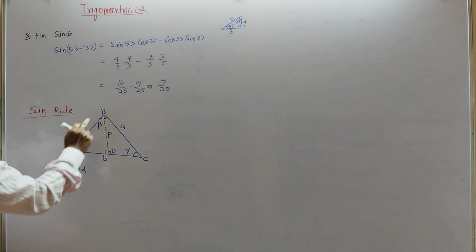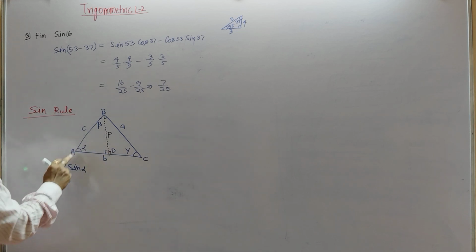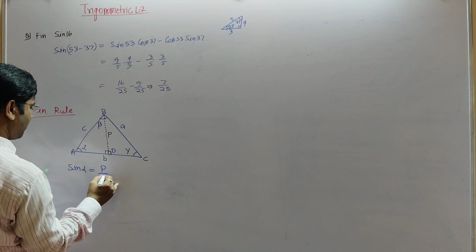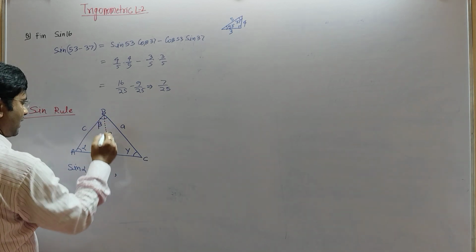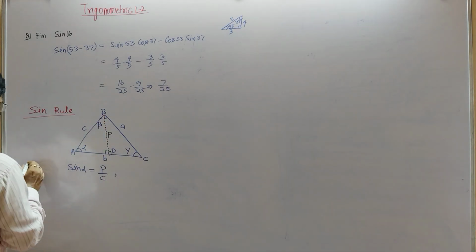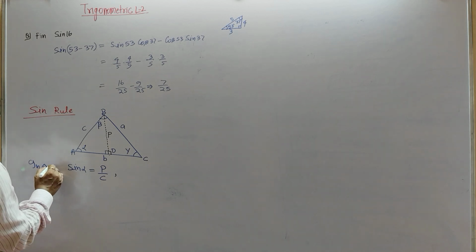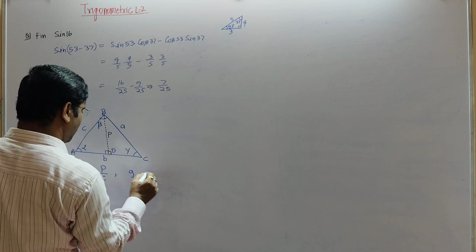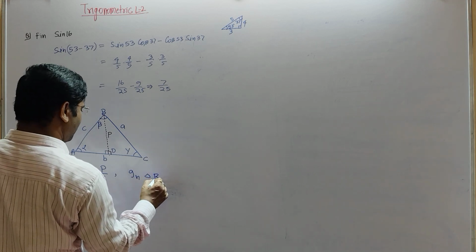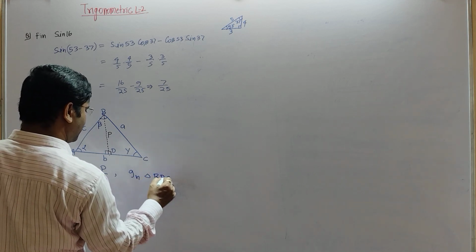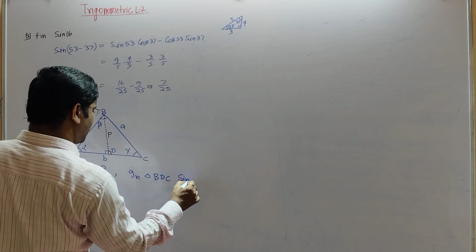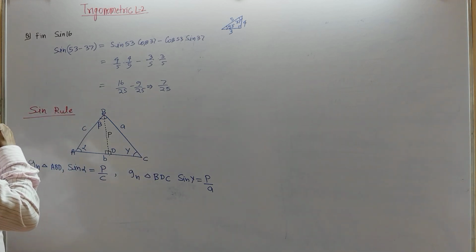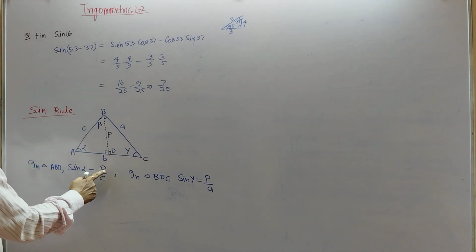Now in right angle triangle ABD, sine alpha is perpendicular upon hypotenuse, so we can write p upon c. In triangle BDC, we can write sine gamma equal to perpendicular upon hypotenuse, this is p.